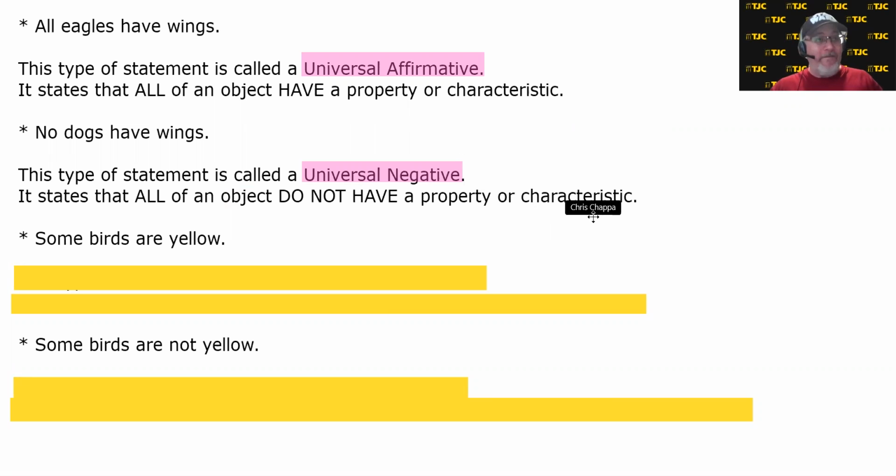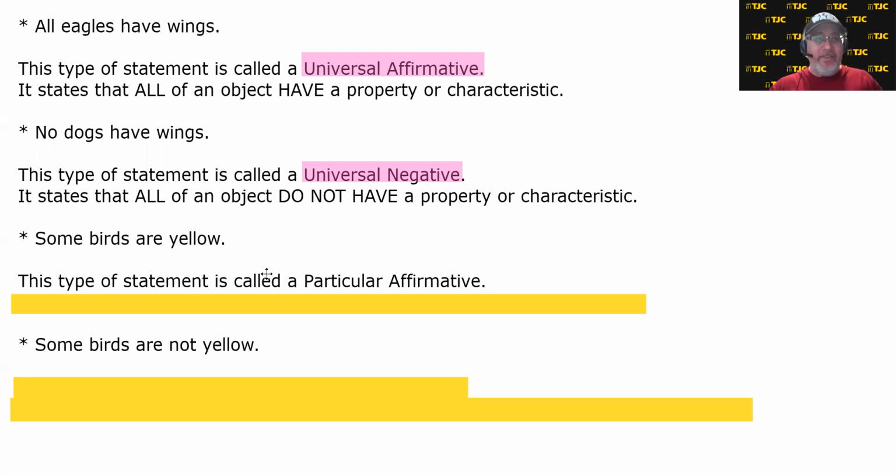The next type of quantified statement we're going to run across is something like some birds are yellow. Now, do you think this is universal? Do you think it's affirmative or negative? Well, it's stating the having a characteristic, so it should be an affirmative, but I wouldn't call it universal. Otherwise, it would say all birds are yellow. This type of statement is called a particular affirmative.